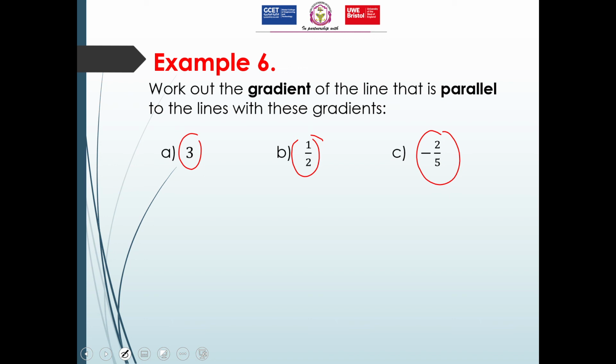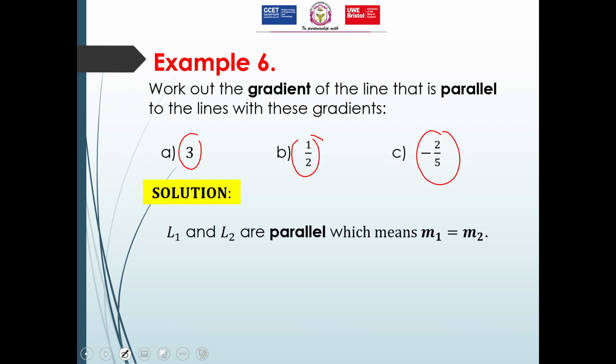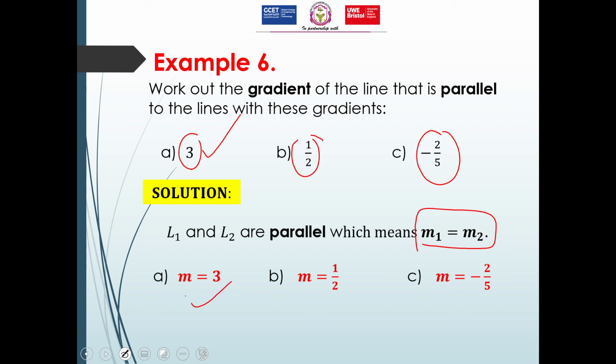So in this case, if it is parallel, that means if the gradient for line 1 is 3, the gradient for line 2 should be the same. If the gradient is 1/2 for the first line, the gradient of the other line should be the same. If the gradient is minus 2/5, therefore the other line should also be the same because they are parallel.